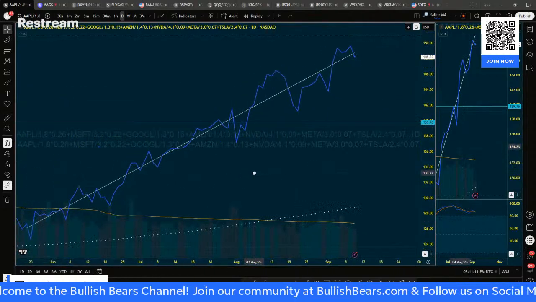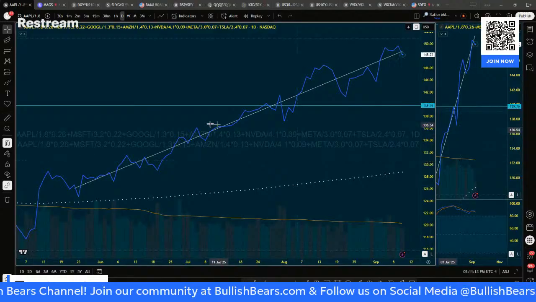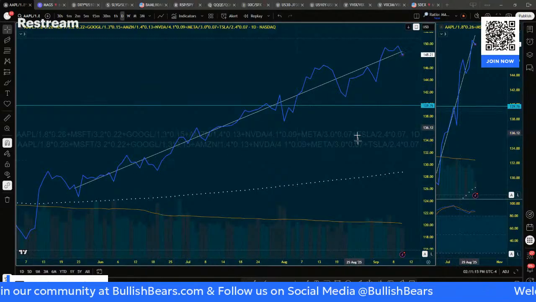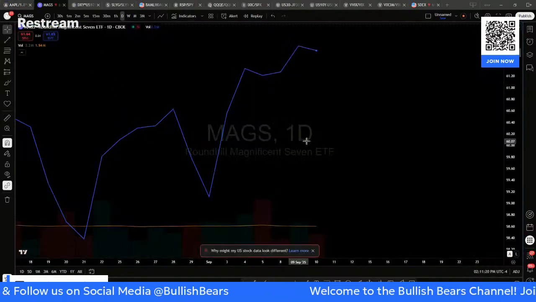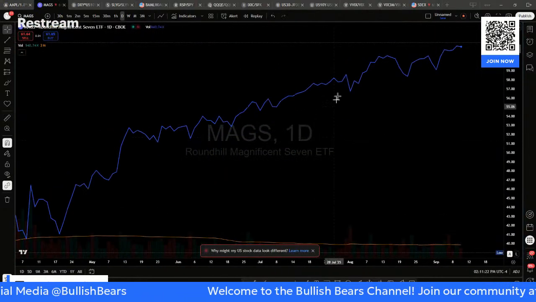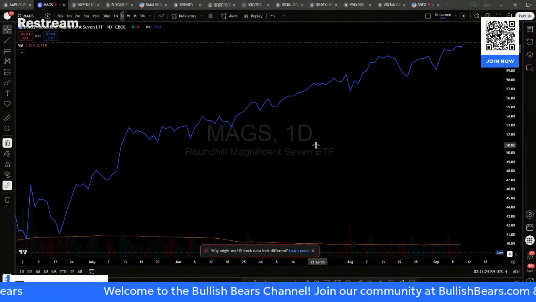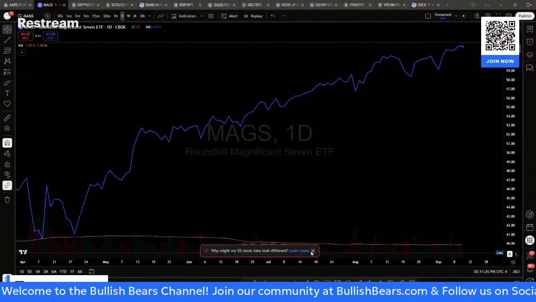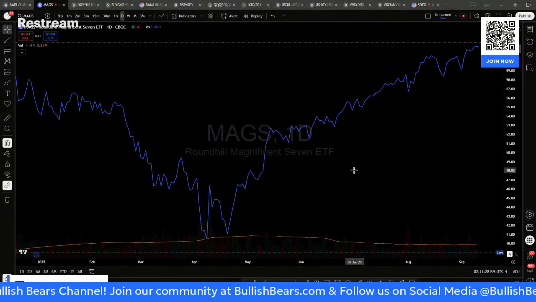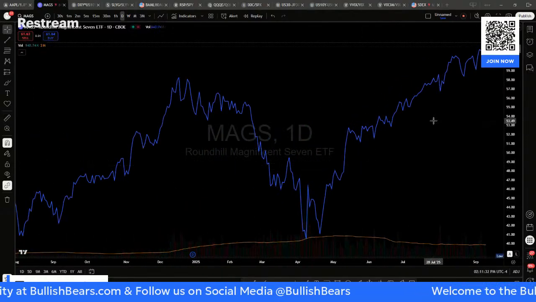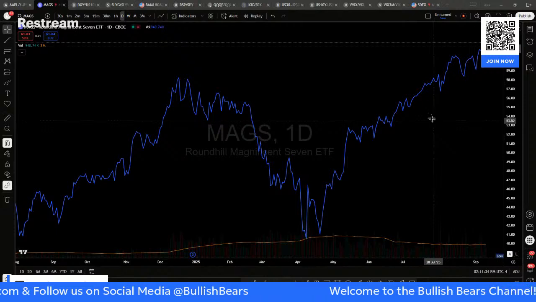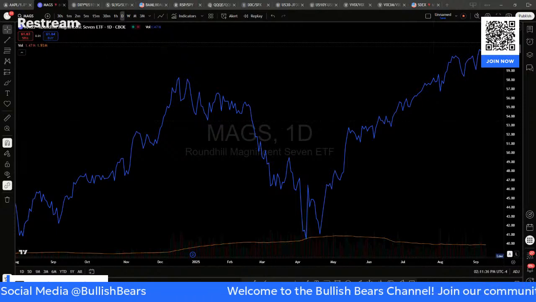That's absolutely beautiful. Really tight range too. It's gotten a little wider up here at the top, but otherwise still looking really good. If you can't short the Mag 7, you can't short the broader market. That's all there is to it.